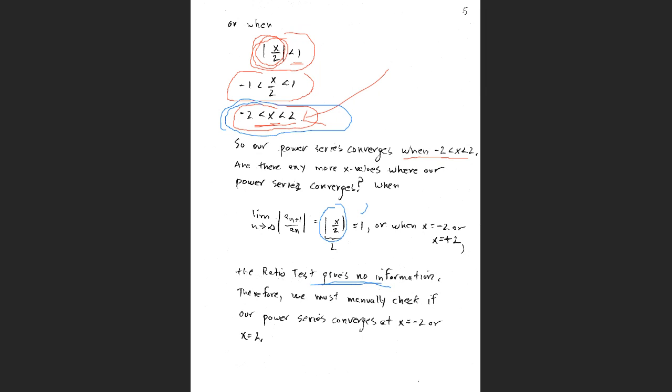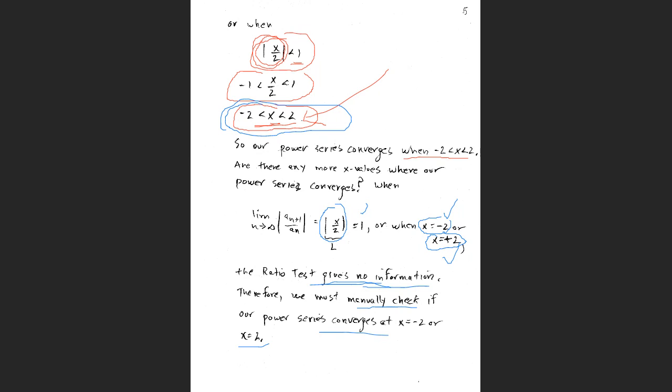And so when x equals negative 2 or x equals positive 2, the power series may converge for one of those values or both. So we have to plug those values into the power series and manually check if it converges at x equals negative 2 or x equals 2.